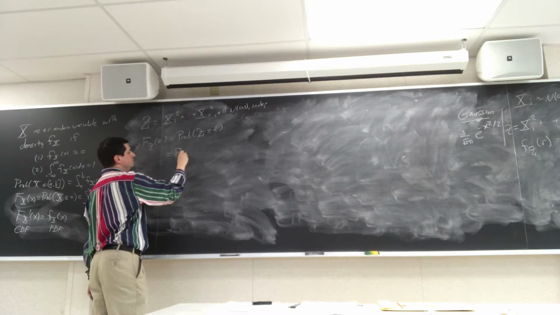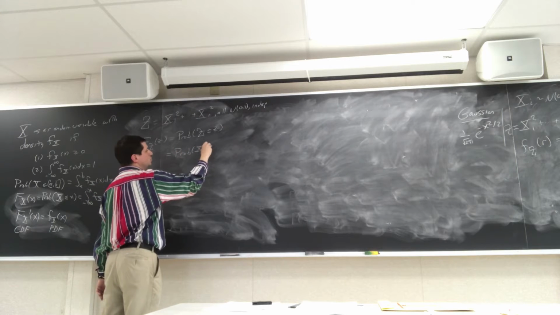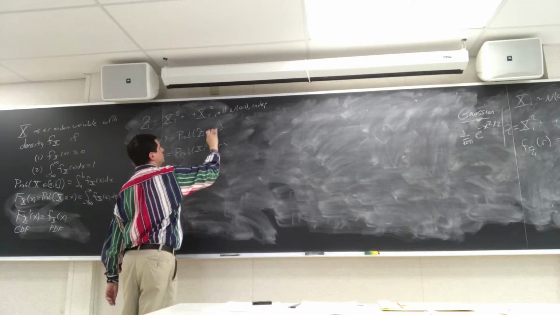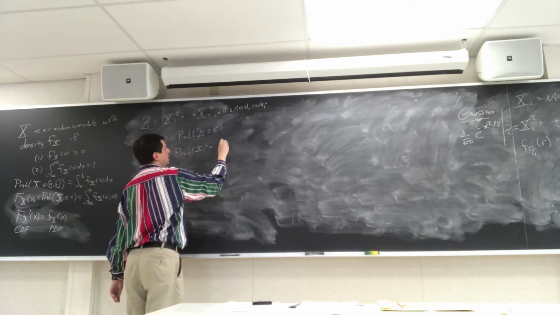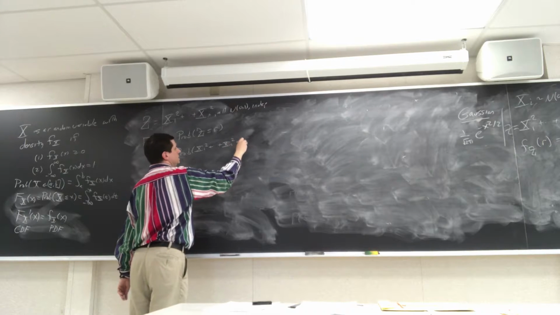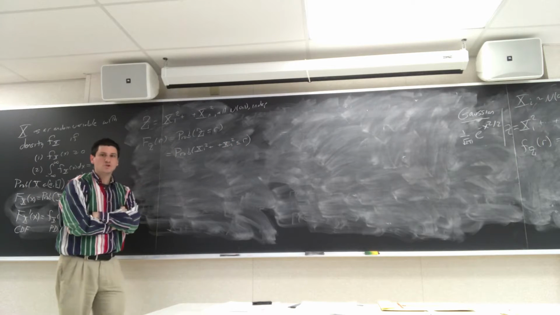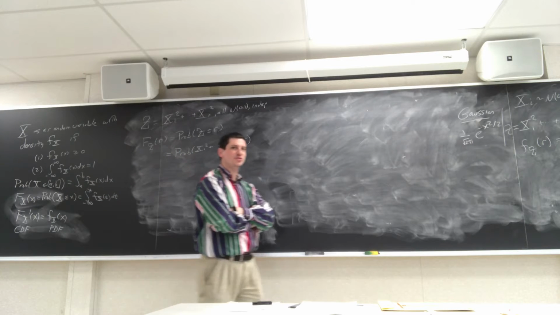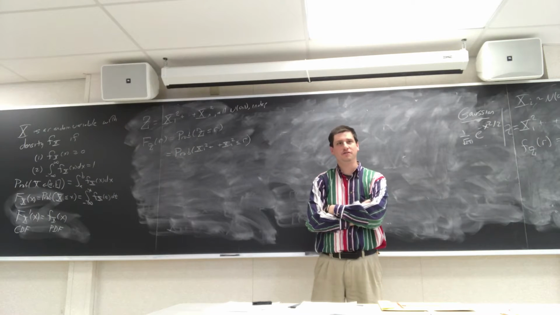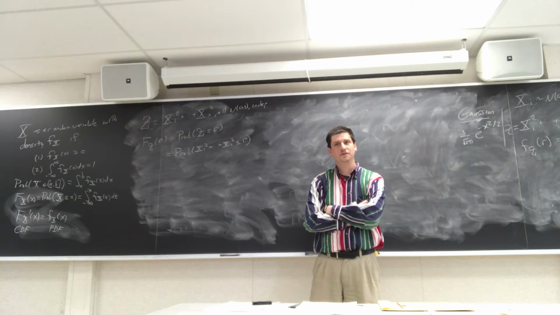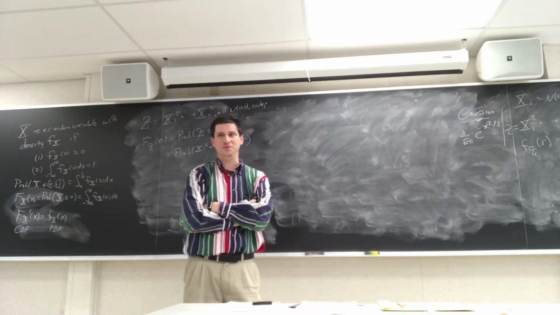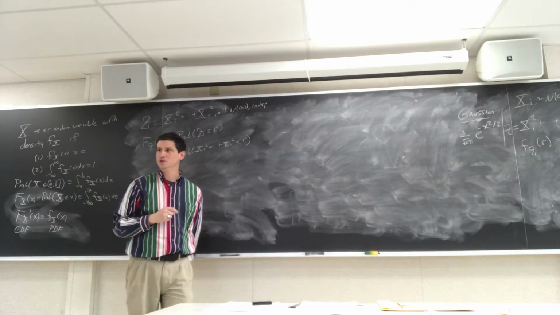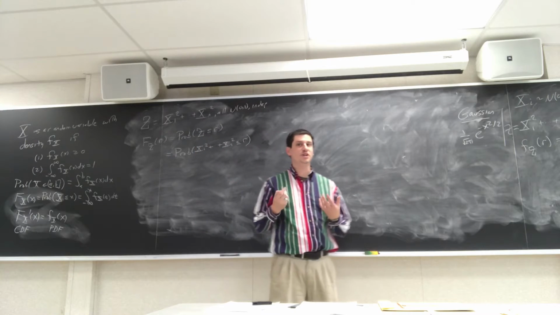This is the probability that x1 squared plus xn squared is at most little r. So when you see x1 squared plus x2 squared plus dot dot dot is less than or equal to r, what are you thinking of geometrically? What kind of shape would this be?